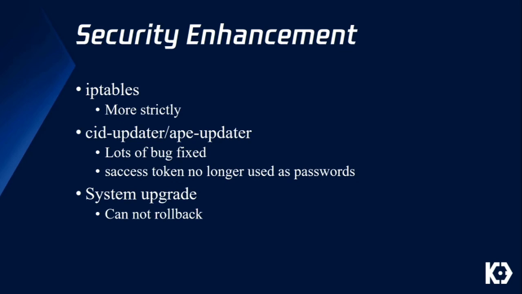In CID updater and APE updater, lots of bugs have been fixed. Also, the S-access token is no longer used as a password, so the content of Tesla 1 cannot be used to pass the auth command. A big security enhancement is that the whole system does not support downgrade anymore.